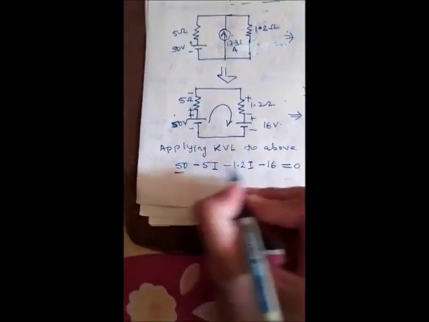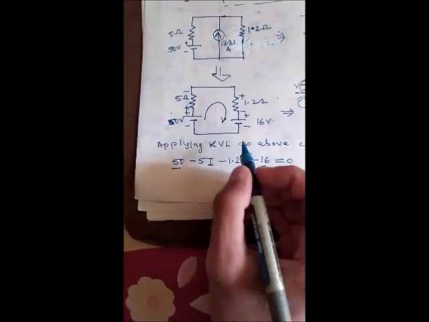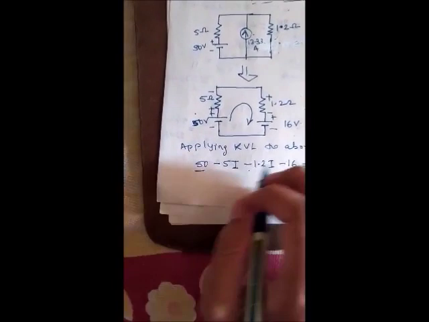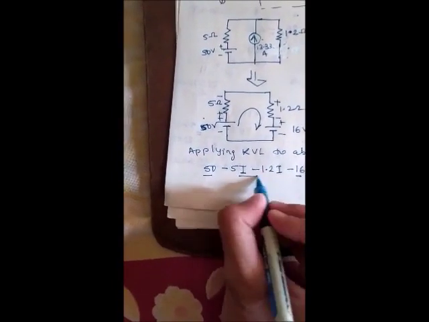Subtract the real terms, 50 minus 16, and I will take the I terms to the right hand side.